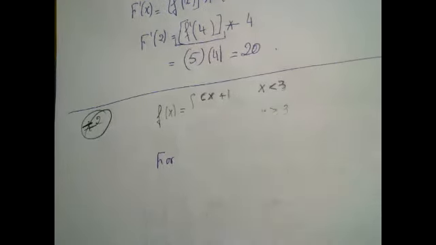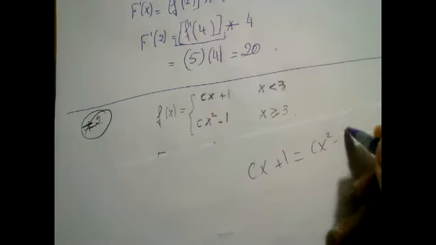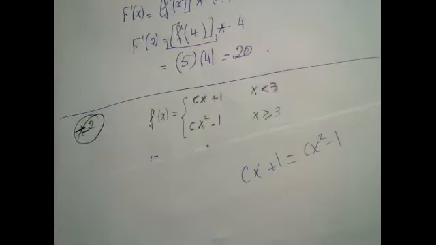You want me to put cx plus 1 equals cx squared minus 1? Yes, and then you solve for c. How can I solve with the x in presence? Wait, okay, never mind, I think I got it wrong. I was thinking about something different. You're not too bad, but not there.